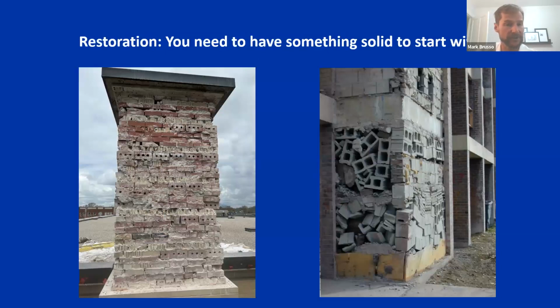And with restoration, rule number one is you need something solid to start with. And you don't always have that. So this chimney came into my life a couple of months ago. One of my firms that I work with wanted to rebuild this. I was trying to convince them to tear it all down and not go the restoration route, but they insisted that they were keeping it because it had a solid structure beneath.